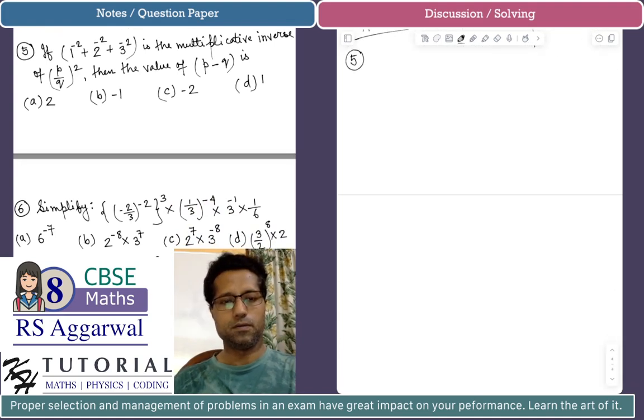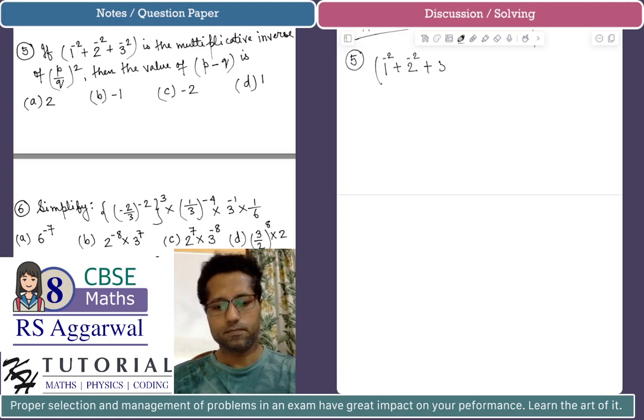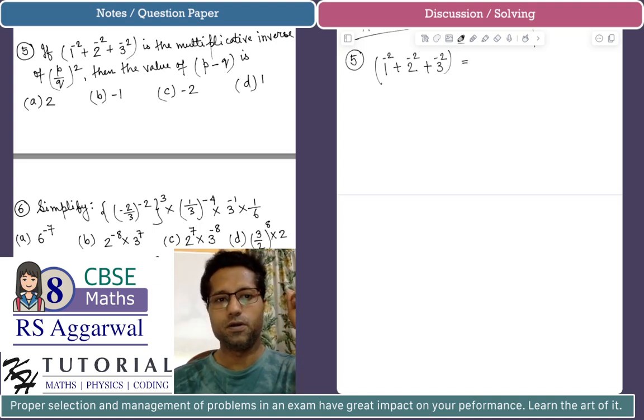If this expression is the multiplicative inverse of (p by q) square, then the value of p minus q is... Okay. So it is given that this expression 1 raised to the power minus 2 plus 2 to the power minus 2 plus 3 to the power minus 2 is the multiplicative inverse of p by q raised to the power 2.